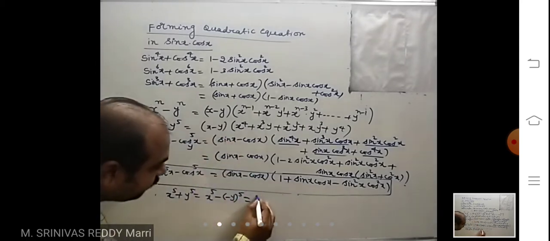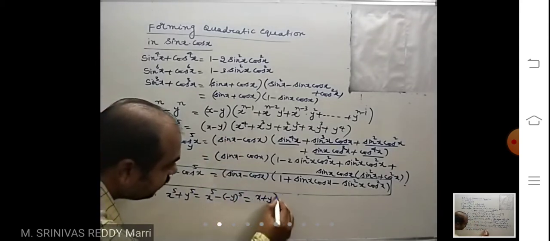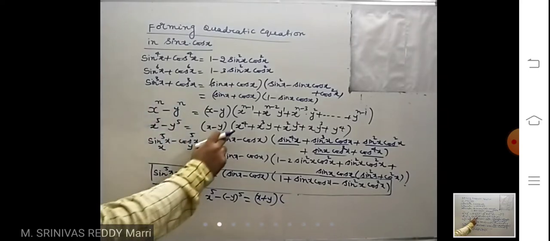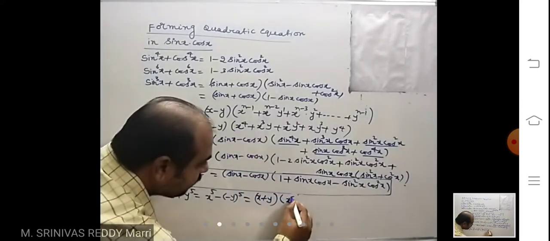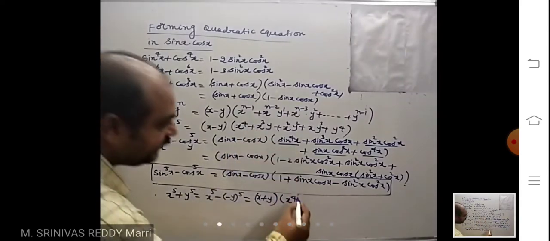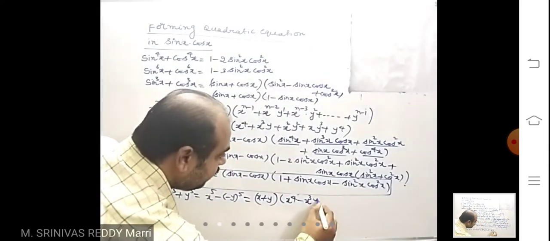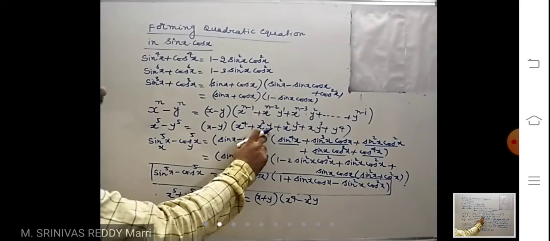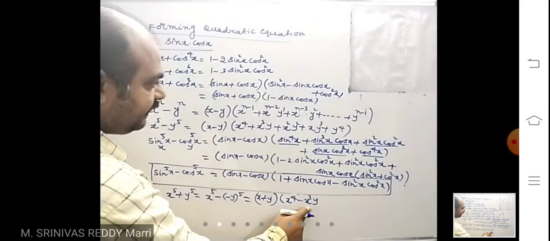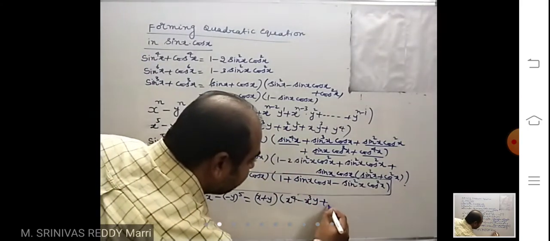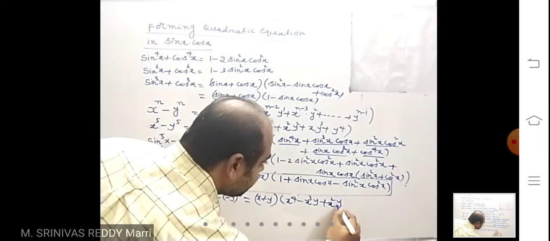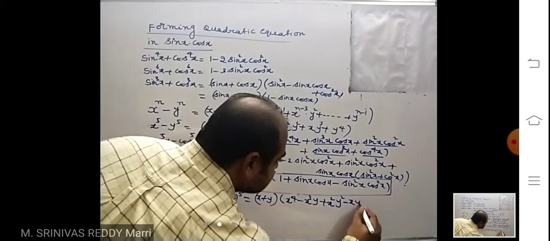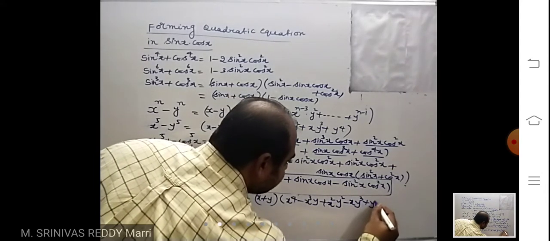In place of y, minus y. x plus y into what you will get here: x power 4, here minus x cube y. In place of y you replace minus y, so here plus x square y square, minus x y cube plus y power 4. So x power 5 plus y power 5 is this one.